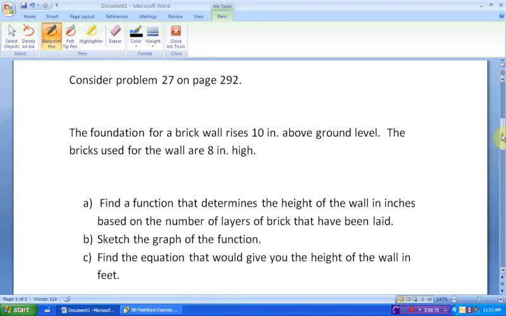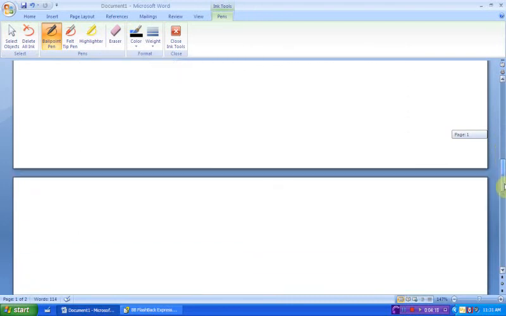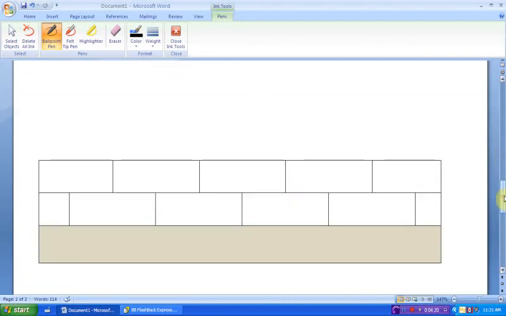Again, this was 10 inches for our foundation, and then every layer of brick is 8 inches. So our first layer would give us 8 inches, then our second layer would give us 8 inches. Now, we've got to write a function.